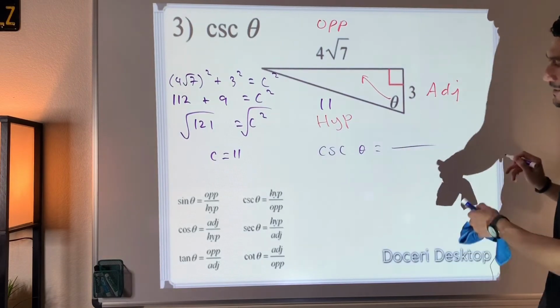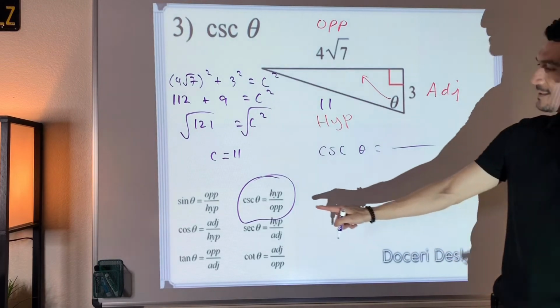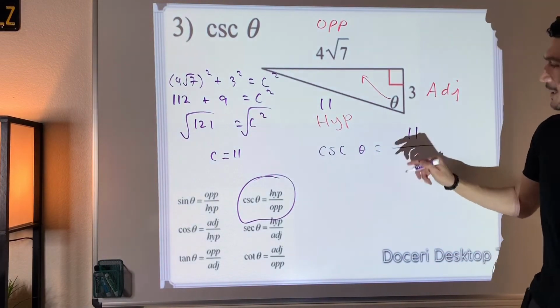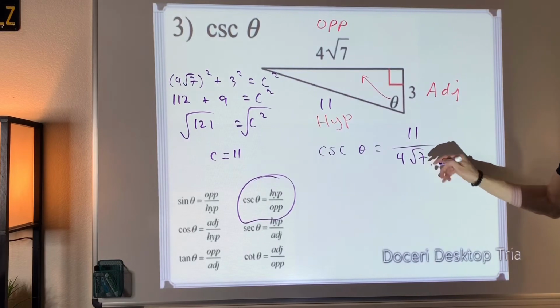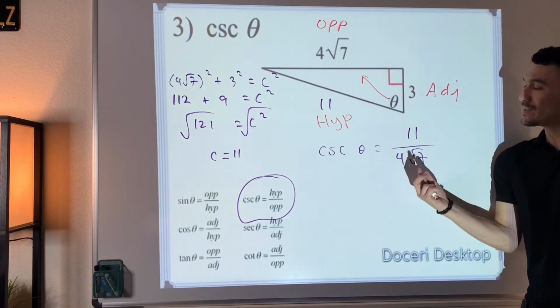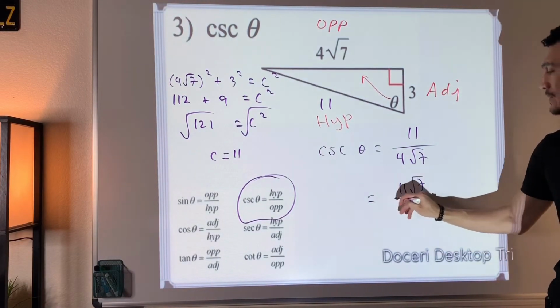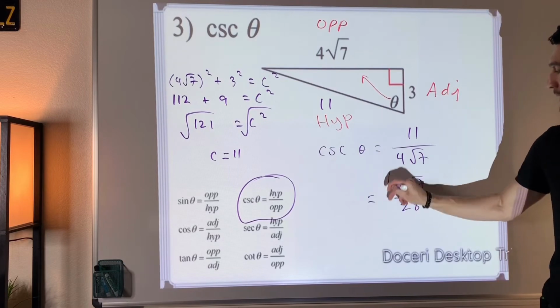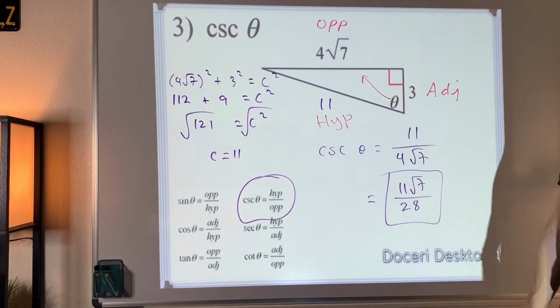Cosecant is hypotenuse divided by opposite. And again, type this into your Casio, and it will say 11 square root 7 over 28. Final answer. 2 more, and we're done.